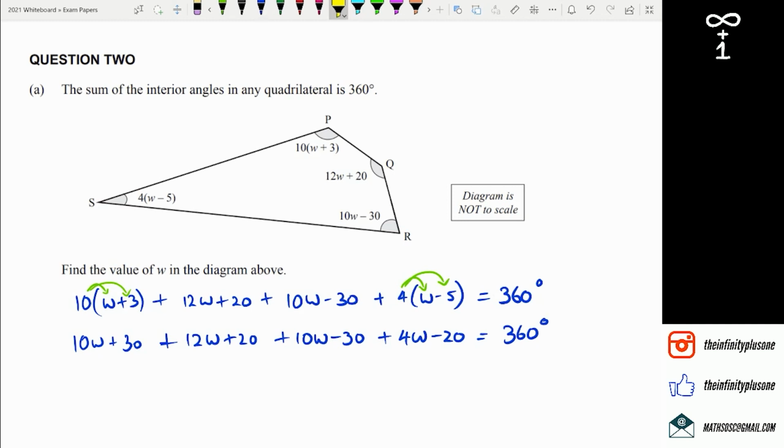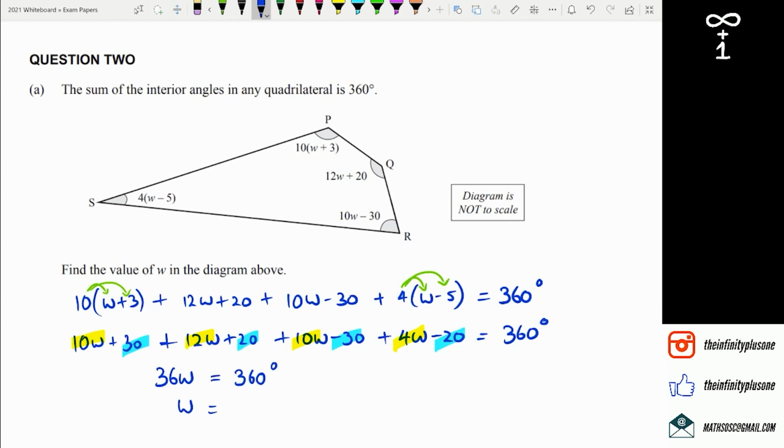At this point, I'm going to collect all my W's. When I collect all my W's, what I have is 36W. Then I need to collect all my numbers. So it's 30, 20, oh, they just cancel out, don't they? That's lovely. All of this is equal to 360 degrees.